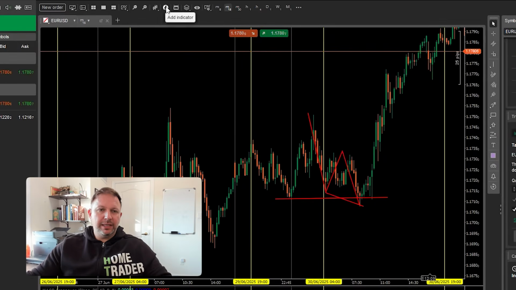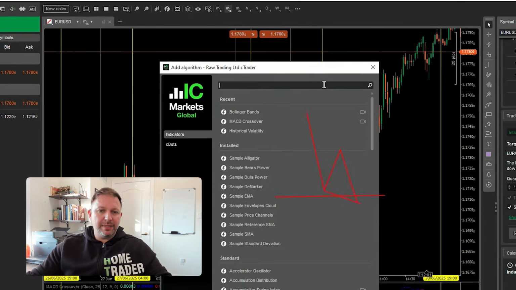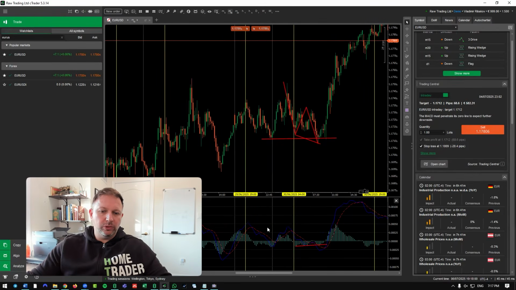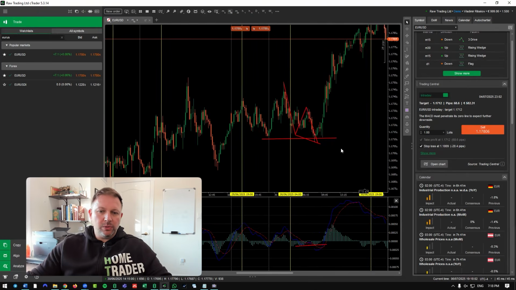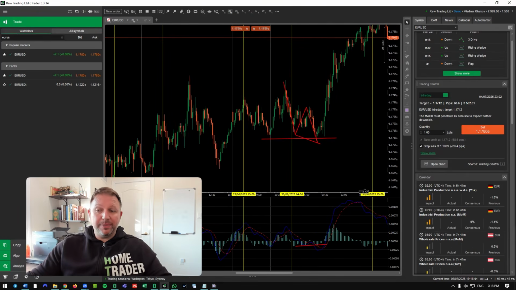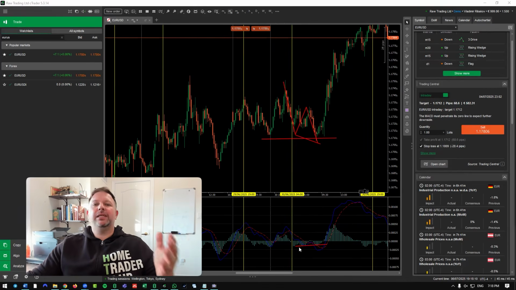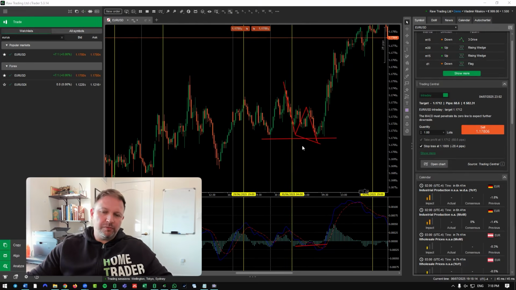Go to this navigator or toolbar here, add indicator, find the MACD, and you would have that right here. So the divergence indicates that something fishy might be happening as the price pushes down, but the indicators, the mathematics behind the price movement, show higher lows.